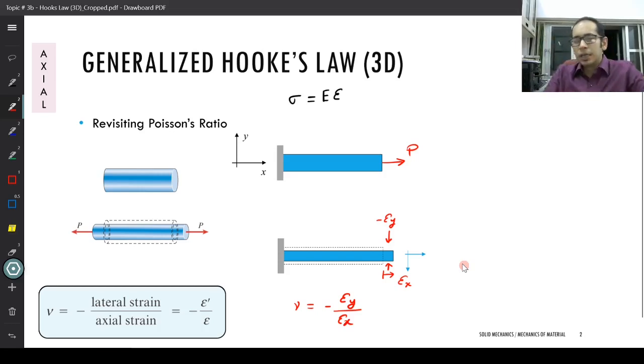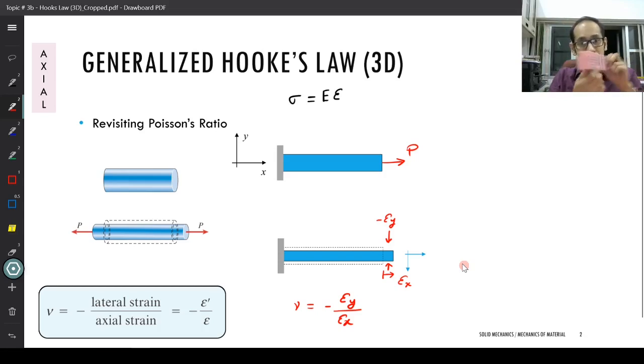Simple. Now think about it. Suppose this is my member which you are looking at in 2D, and say this is my positive x and this is my positive y axis, and when I am pulling it, I am having the expansion and a contraction about these axes, for which I wrote this formula very easily. But in this one, is there only an x and a y axis?